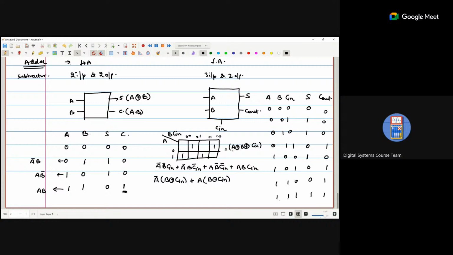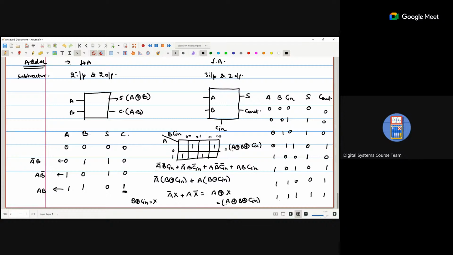Okay. Now assume that B XOR C in is equal to X. So it is A bar X plus A X bar. So it is A XOR X. So that is A XOR B XOR C. Okay.